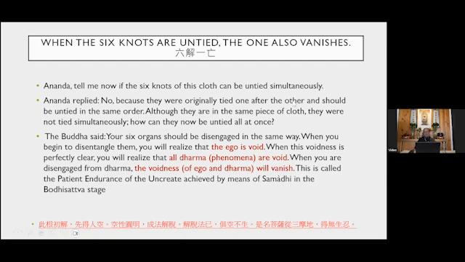And the Buddha said that when we disengage from objective attachment, we will realize first that the ego is void. And second, the Dharma are void. And third, even the voidness will vanish. So that's how it goes sequentially.